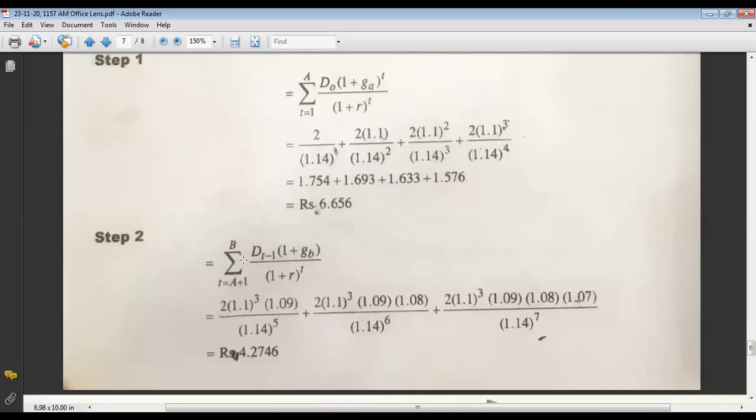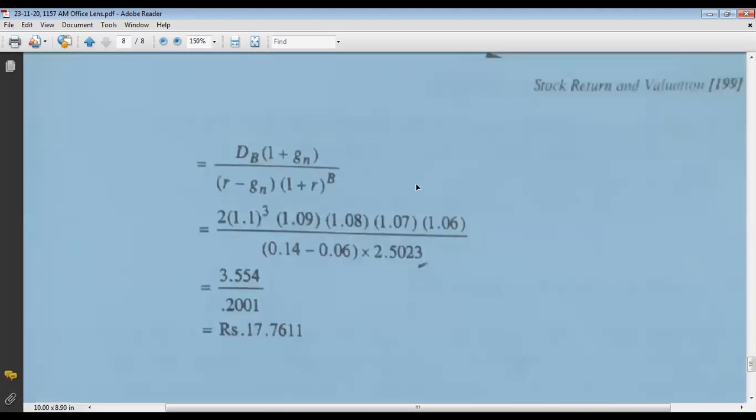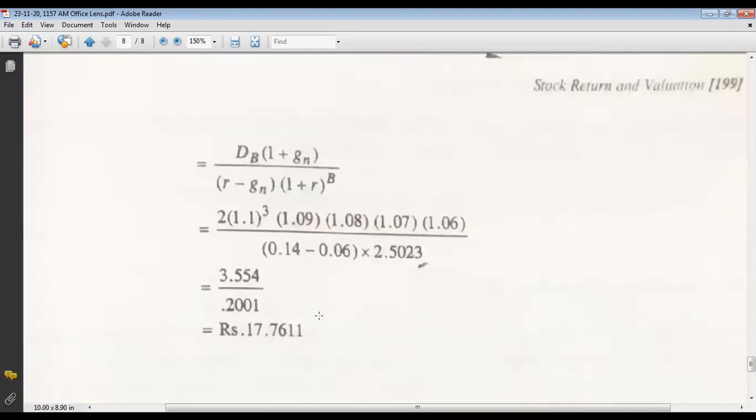Now, when is stage B, or when is the third phase going to start? The third phase is going to start only when the 4 years of growth A, or first phase, are completed, and the next 3 years of phase B are completed.